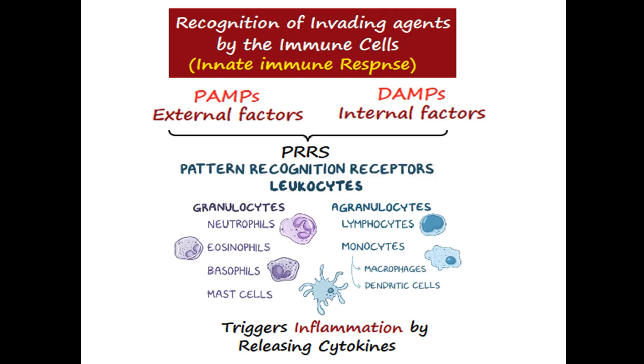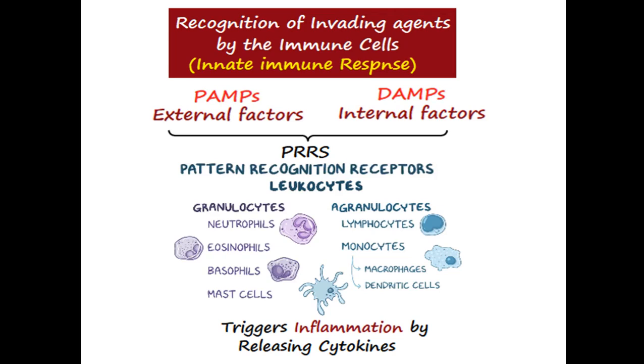The major inflammatory cells, we divide them into granulocytes, those cells that have granules in their cytoplasm, for example neutrophils, eosinophils, and basophils, and the mast cells, and into agranulocytes that are lymphocytes and monocytes.